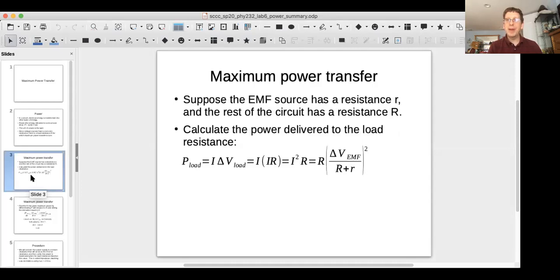So suppose the EMF source has a resistance small r and the rest of the circuit has a resistance capital R. You calculate the power delivered to the load resistance.